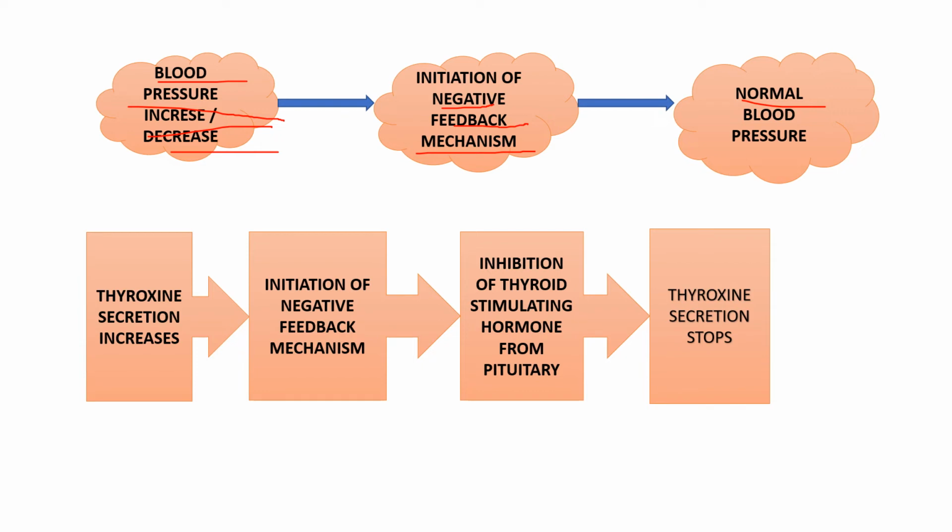If thyroxine is increased, there will again be negative feedback, due to which there will be inhibition of TSH. So TSH, which is secreted from the pituitary, is inhibited, and thus there will be no stimulation to the thyroid gland and no secretion of thyroxine.